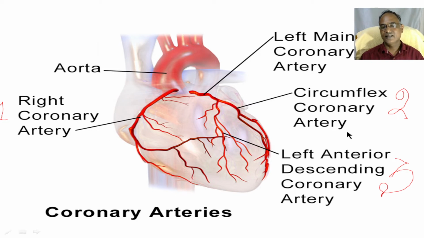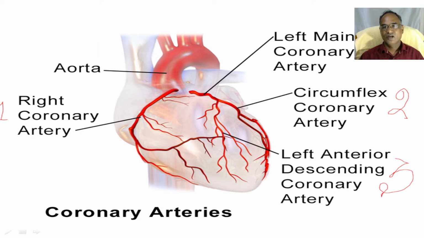The left main coronary artery is at the top, the circumflex artery is the next level of branches, and the third level is the left anterior descending coronary artery. On the right side there is a right coronary artery alone, with a second division.